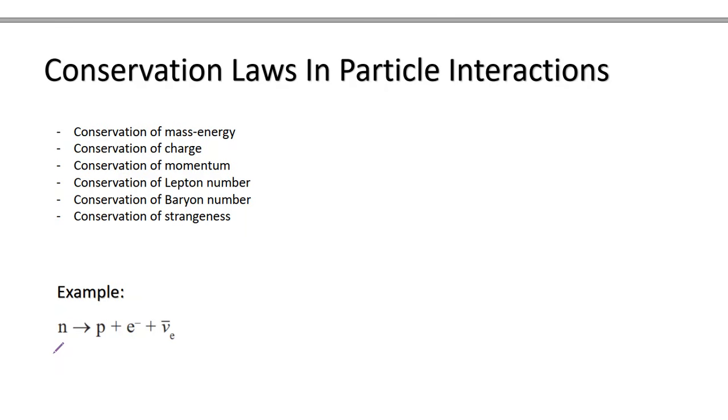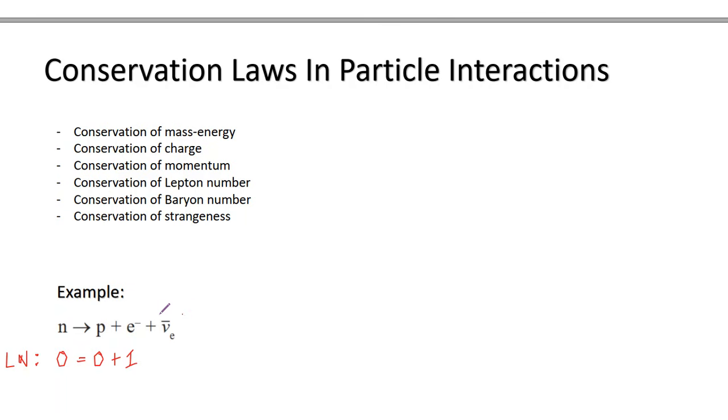I'm not talking about charge anymore, I'm talking about lepton number. Let me write down here Ln, okay, lepton number. So the neutron has 0 lepton number. It's a baryon, it does not contain any leptons. Now proton is also a baryon, doesn't have any leptons, so this is also 0. But the electron is a lepton, so the lepton number will be +1.